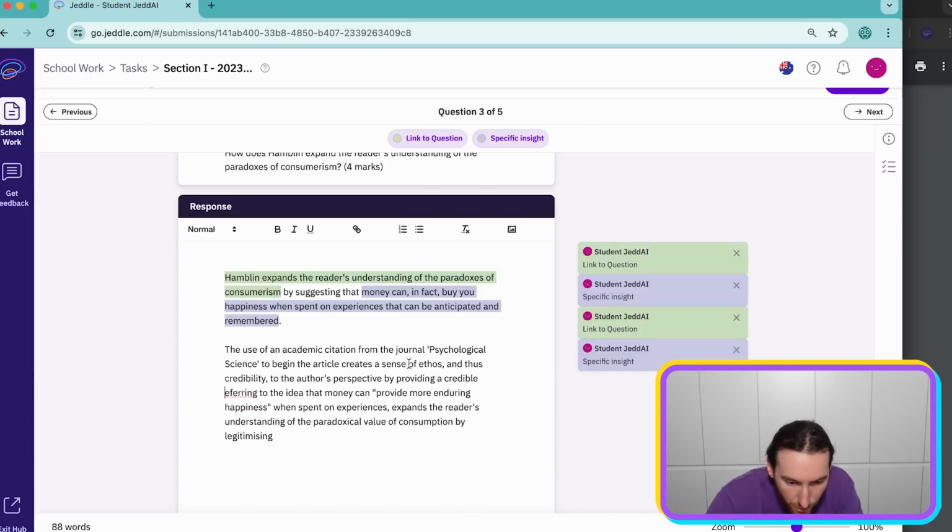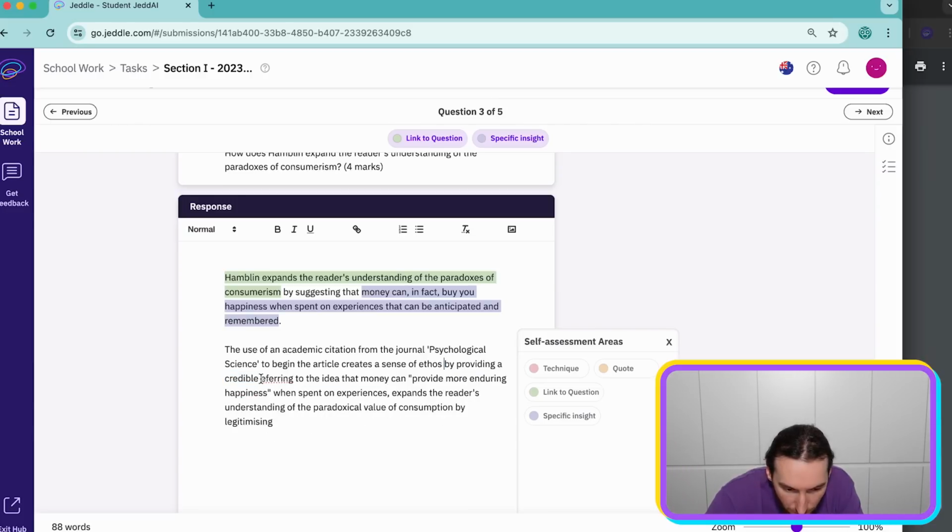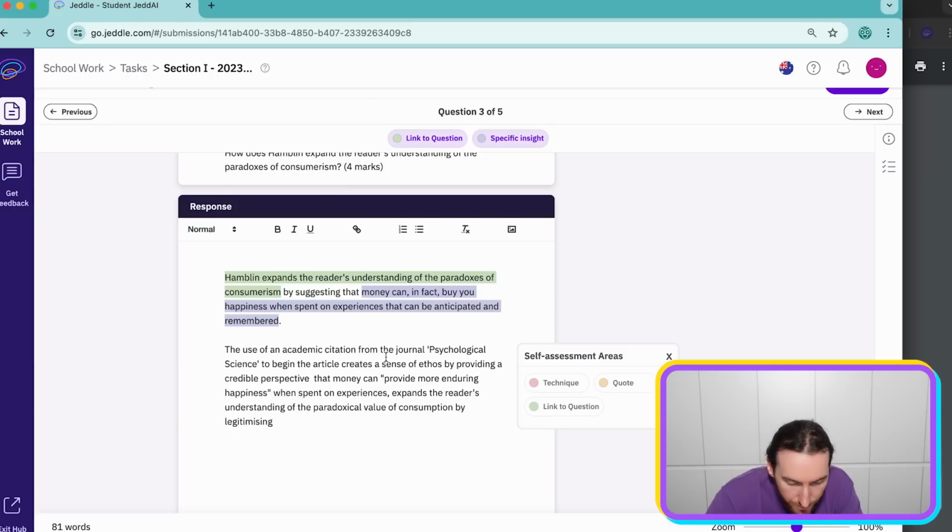To begin the article, creates a sense of ethos by providing a credible perspective on the idea that money can provide more enduring happiness when spent on experiences.